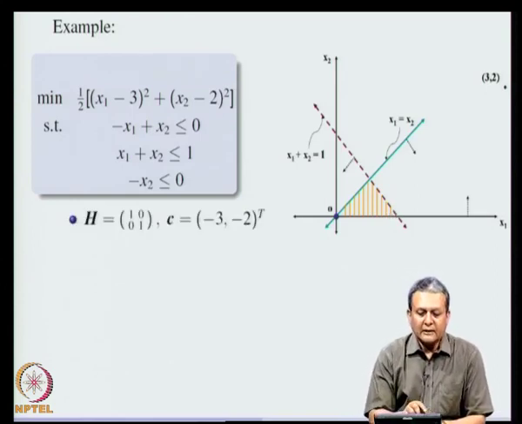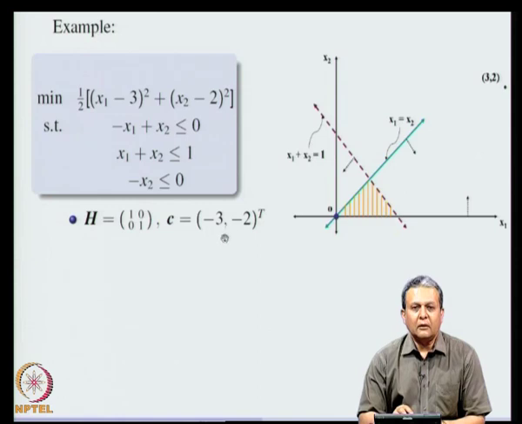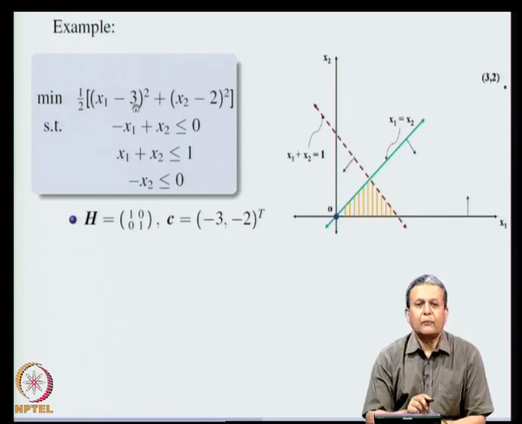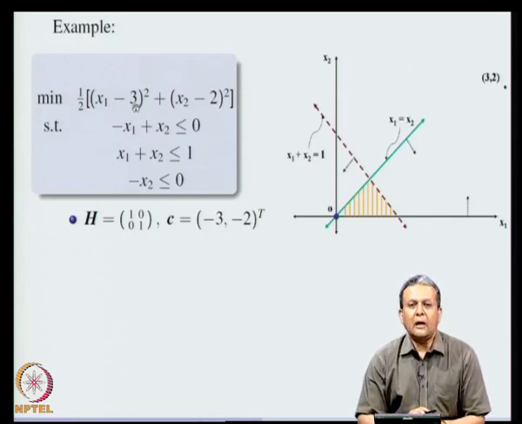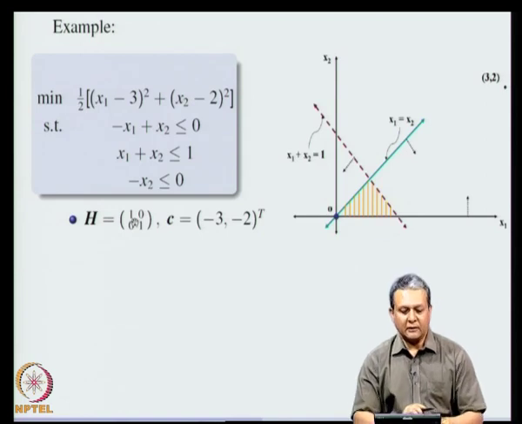Now, if you look at the Hessian matrix of this objective function, it is an identity matrix, and the C vector is shown here. Remember that we have put this objective function in the form half x transpose H x plus C transpose x, and in this case the Hessian matrix is a symmetric positive definite matrix.